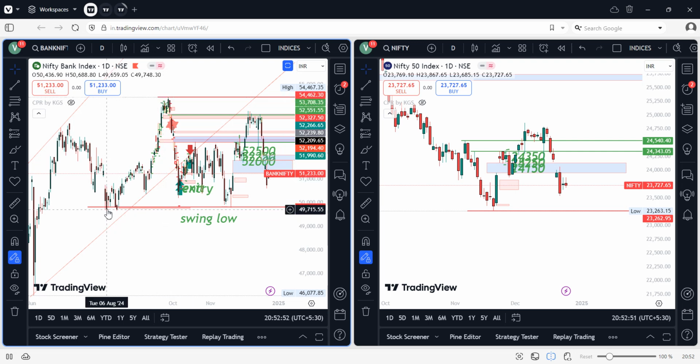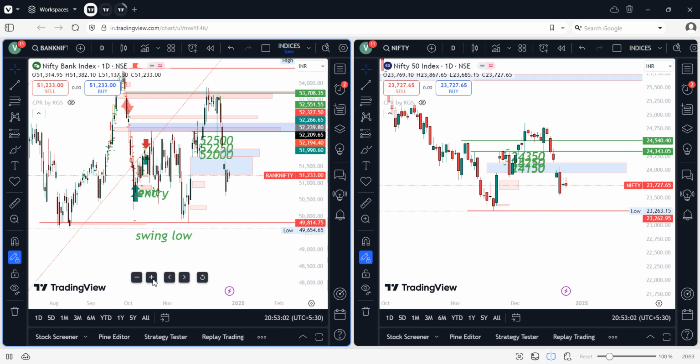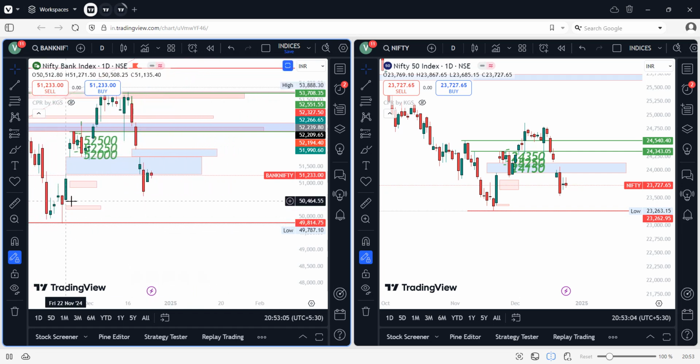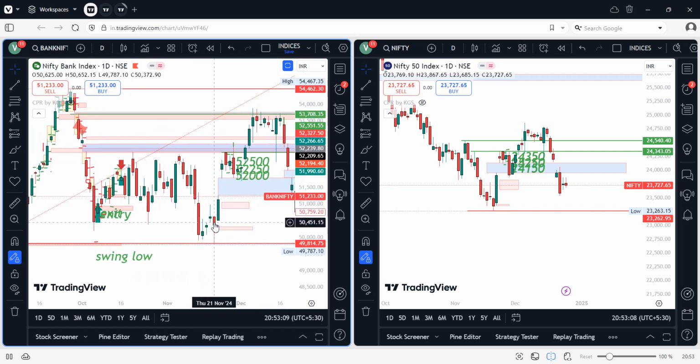When price comes here again, observe this carefully. You can see this candle. Can you see this candle perfectly? This candle has a red body but is showing you bullishness because of the wick.